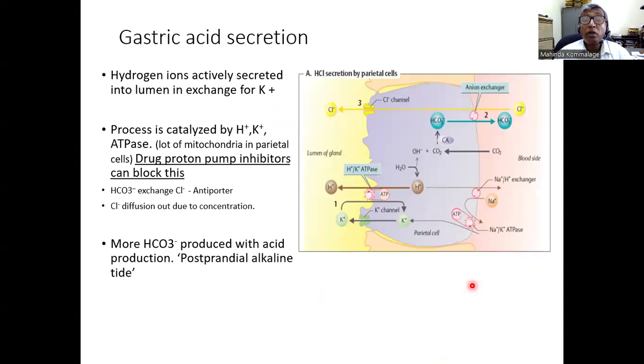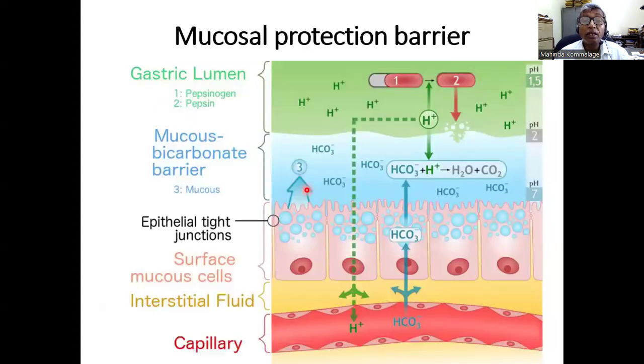Then I explained what happens inside the parietal cells: H plus pumping as an active pump, we call the proton pump, ATP dependent, that means an energy dependent pump. And then bicarbonate will move out to the blood with the production of H plus, and chloride moves, so we get the HCl secretion.